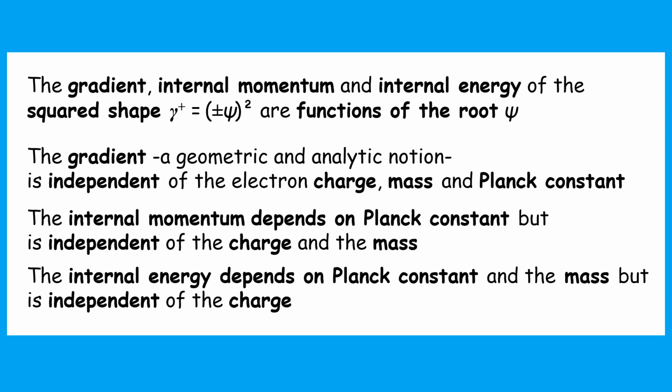The gradient, a geometric and also an analytic notion, is independent of the electron charge, mass, and Planck constant. The internal momentum depends on Planck constant, but is independent of the charge and the mass. The internal energy depends on Planck constant and the mass, but is independent of the charge.